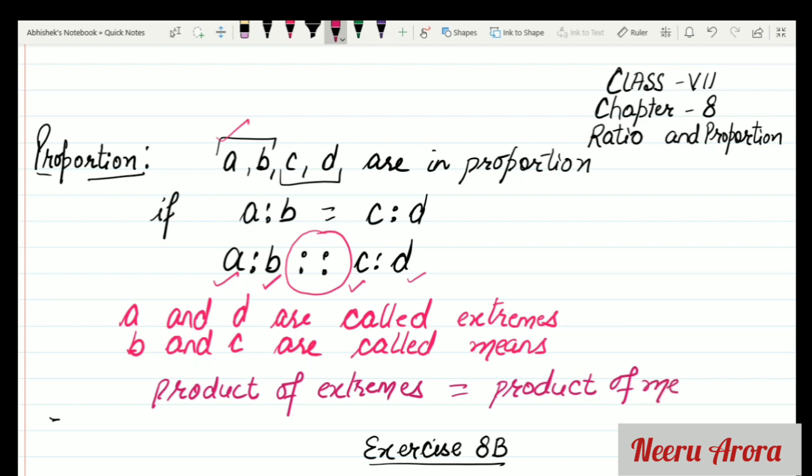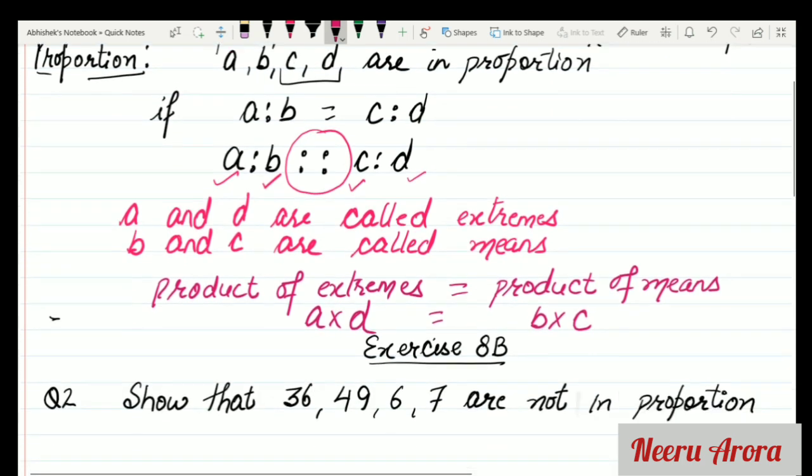So the product of extremes is A multiplied by D. The product of means is B multiplied by C. Now, this is the introduction of proportion.